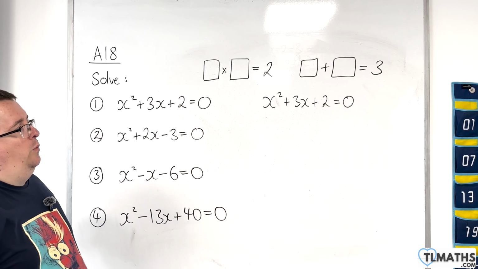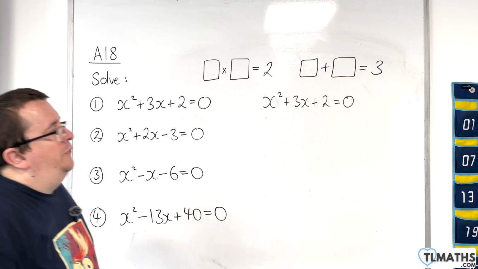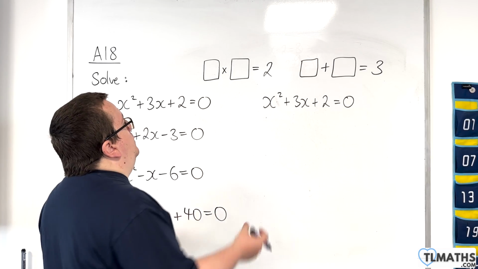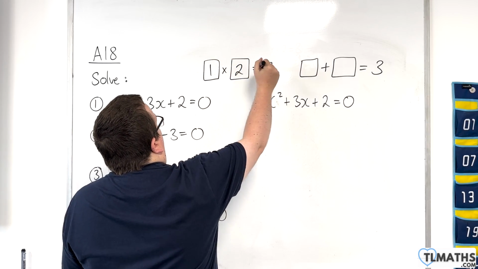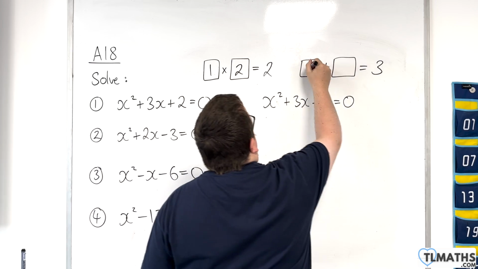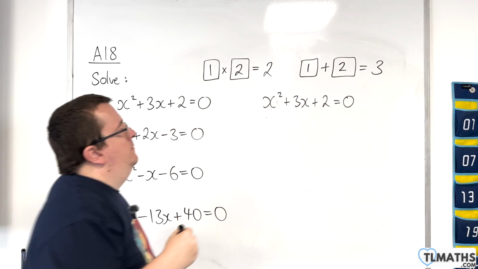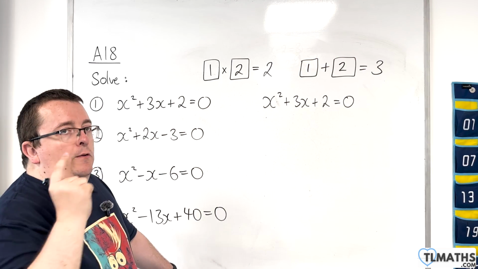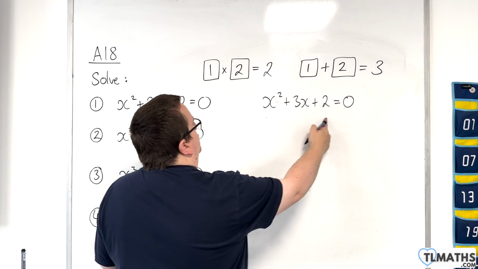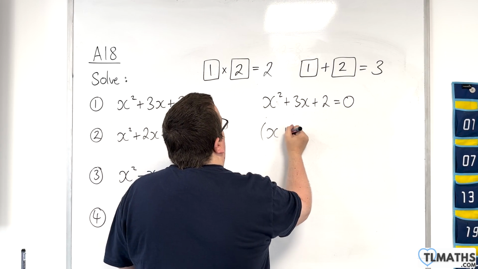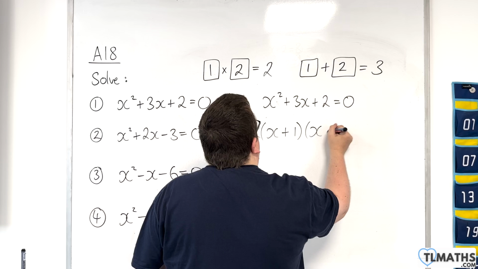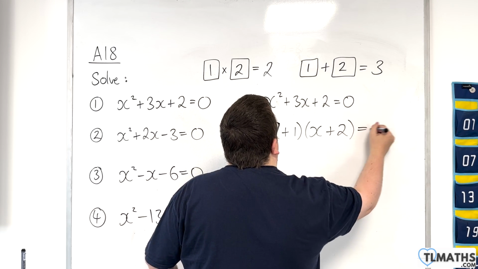Okay, this is what we're looking for. So the answer to that would be 1 and 2. 1 times 2 is 2, 1 plus 2 is 3. Okay, so that means that this factorises to x plus 1, x plus 2.